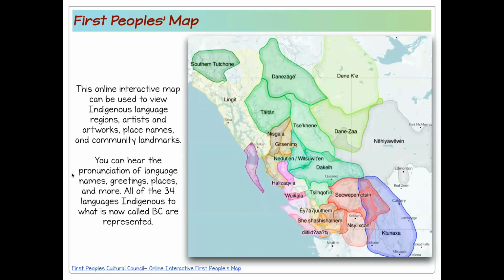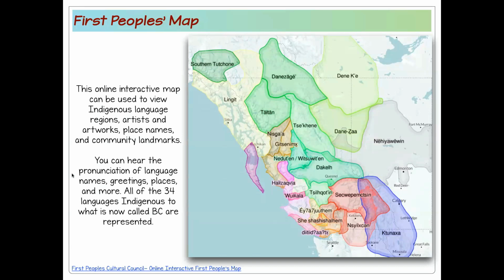So the first thing that we wanted to share is this fabulous resource from the First Peoples Cultural Council. They have this online interactive map that we can use to view Indigenous language regions, artists, artwork, place names, and community landmarks. So you can hear the pronunciation of language names, greetings, places, and more.